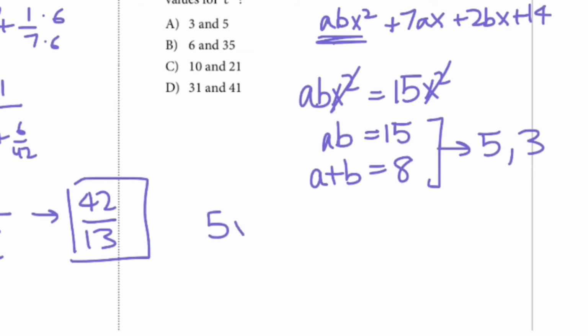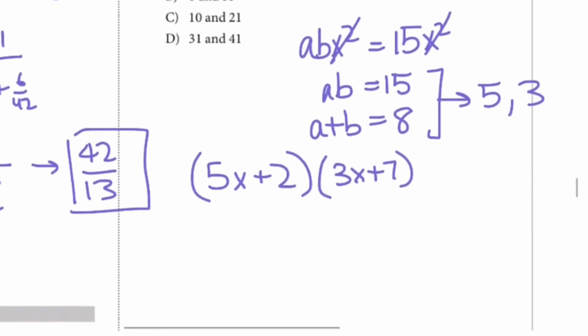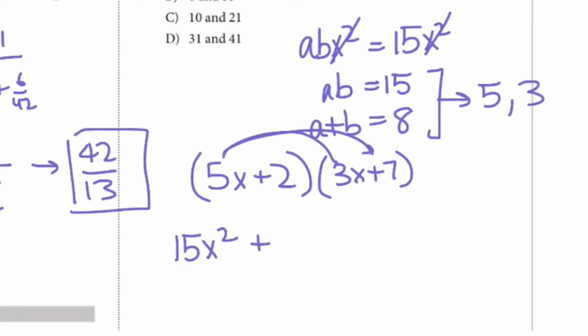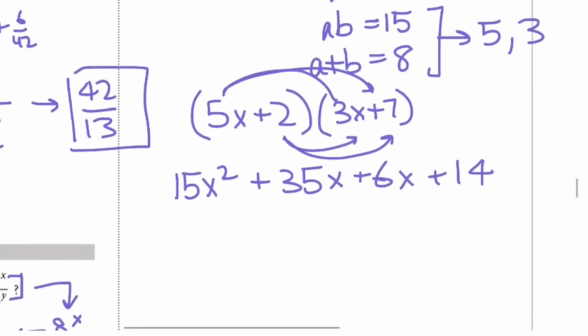Let's say a is 5, so I get 5x plus 2, and b is 3, so 3x plus 7. My product ends up being, multiply 5x and 3x, 15x squared, multiply 5x and 7, gets 35x, multiply 2 and 3x, 6x, multiply 2 and 7, I get plus 14.